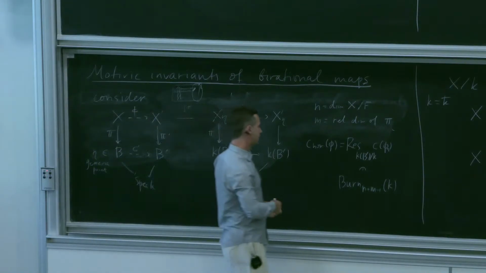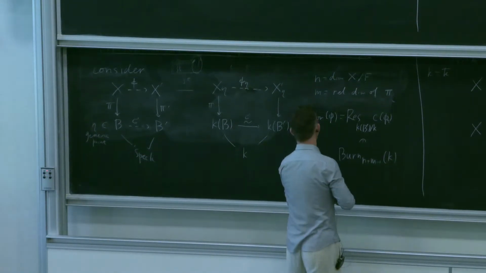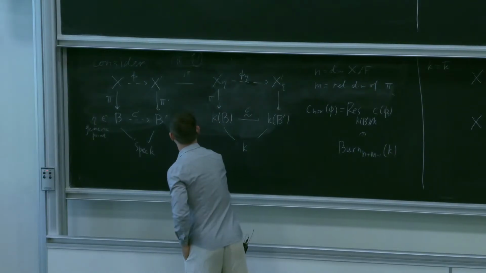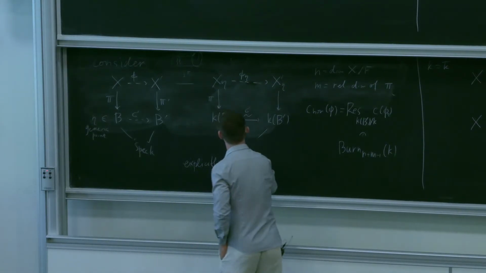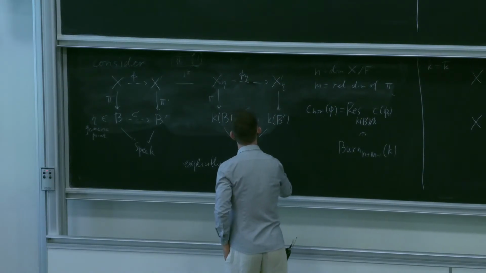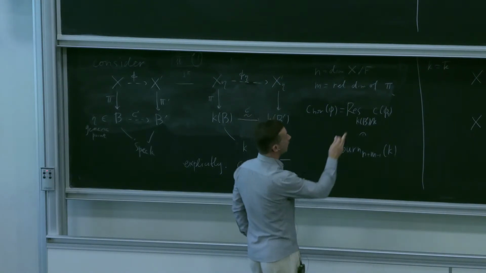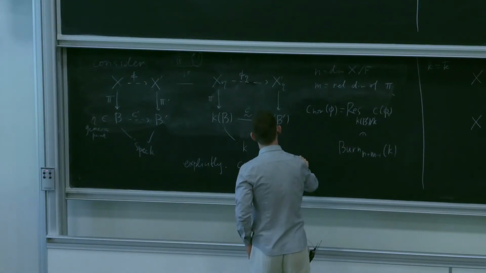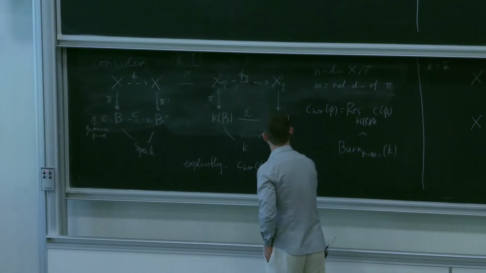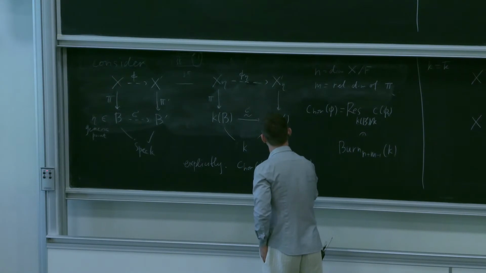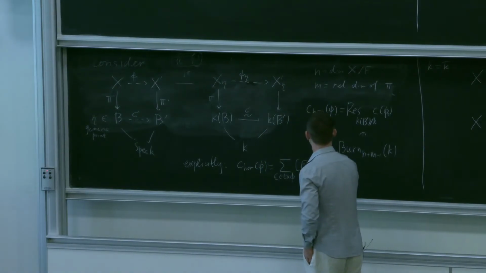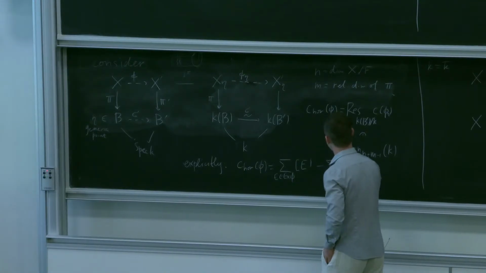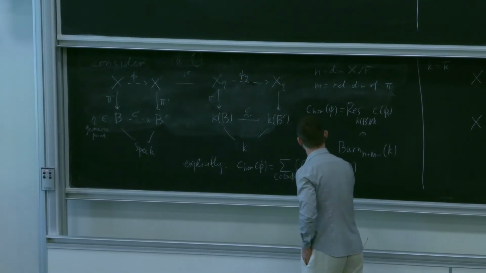So I can make this explicit by saying that, explicitly, what this horizontal invariant computes is the sum, as usual, of E minus D, where E are exceptional for phi inverse, and D exceptional for phi.